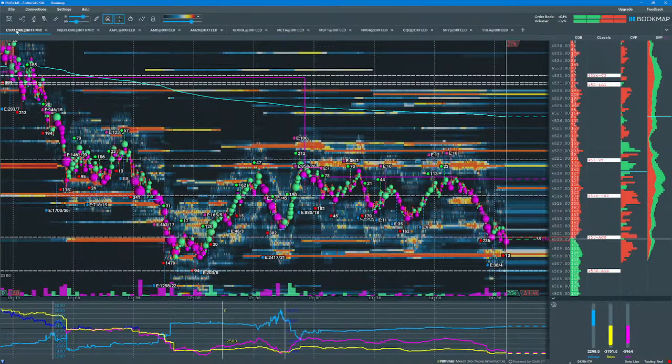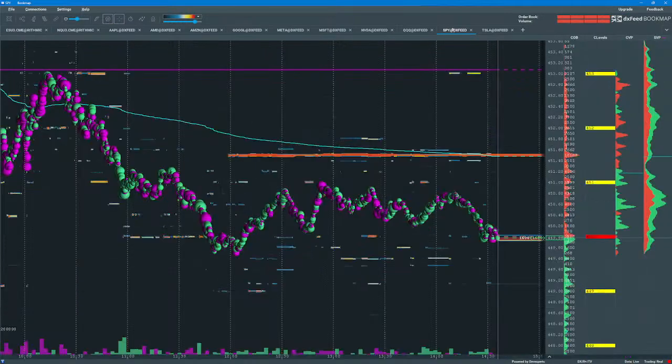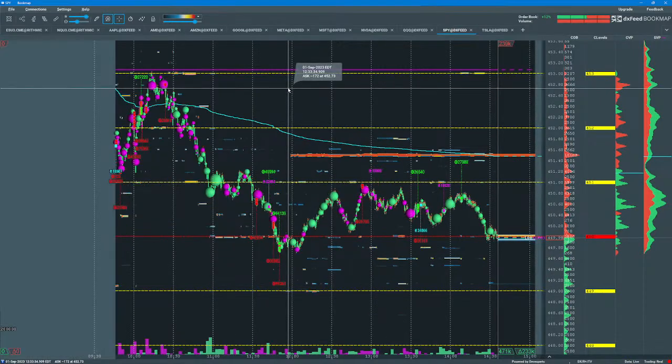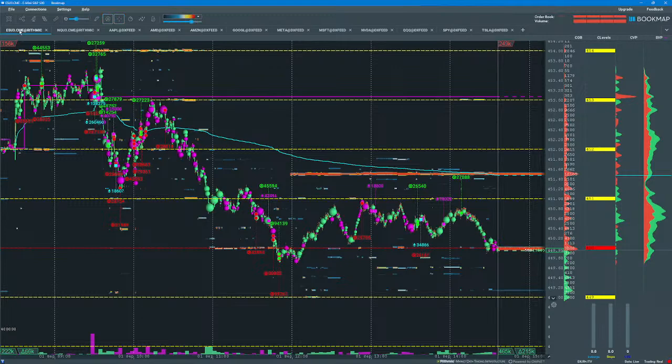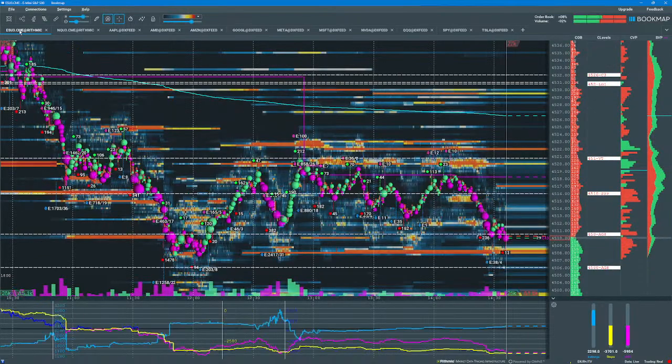I have stops and icebergs, just way more information than on the SPY chart. So if I trade any form of the S&P 500 in Bookmap, I'm looking at ES.